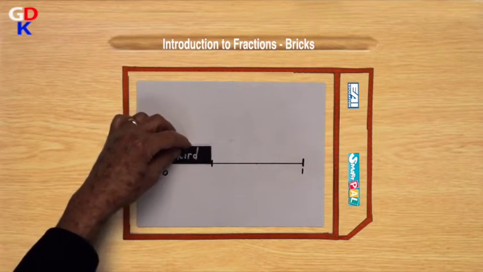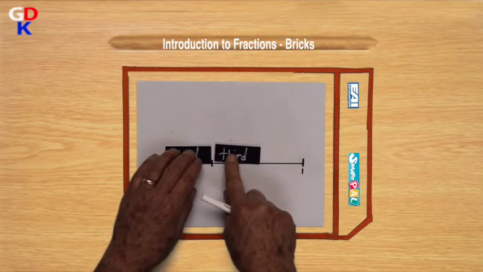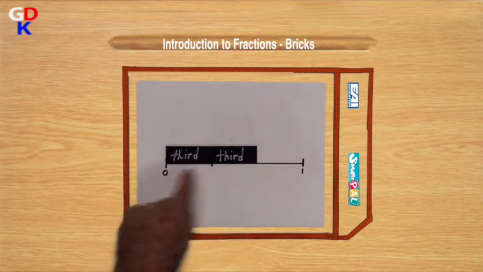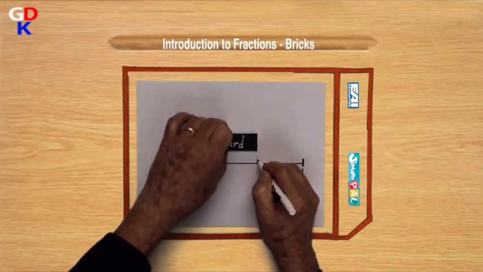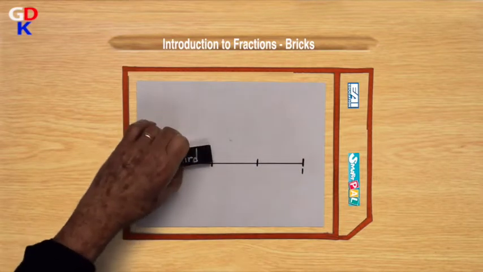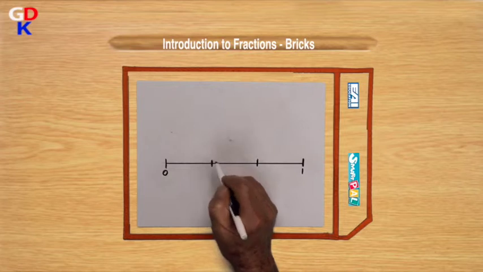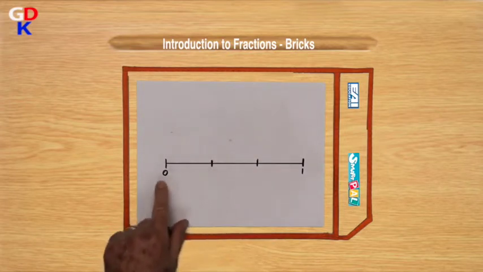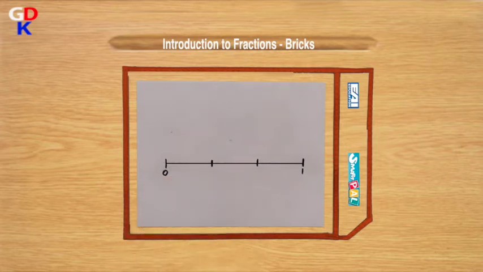Well, first of all, 1/3 goes from 0 to the point we just did. 2/3 will go from 0 to this point. So now we have 2/3. So from 0 to this point is 1/3. From 0 to this point, this whole distance here, is 2/3.